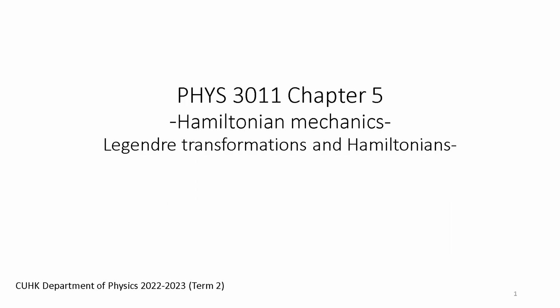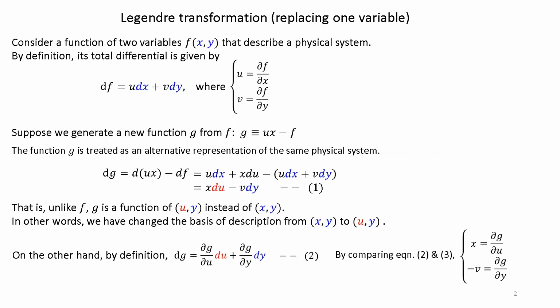After the Legendre transform, the function we get is called the Hamiltonian. You could imagine that we are describing the same physical system, just like the example I showed you: from f of x to g of u, we are really describing the same thing with a different representation. So here we are going from Lagrangian to Hamiltonian, but still describing the same physical system.